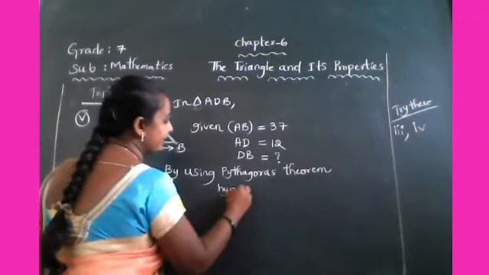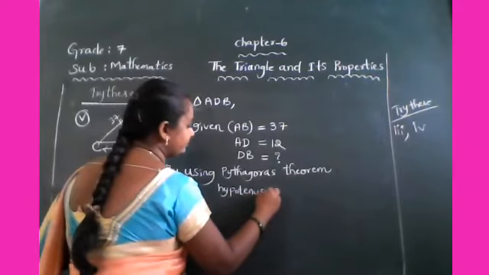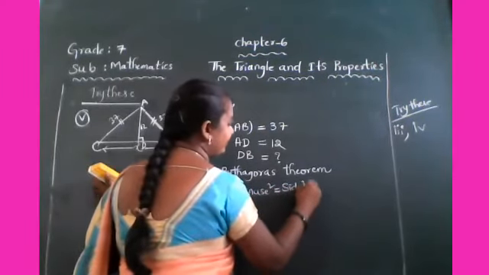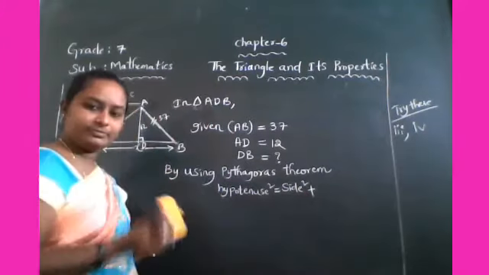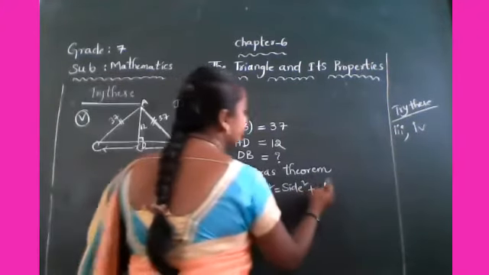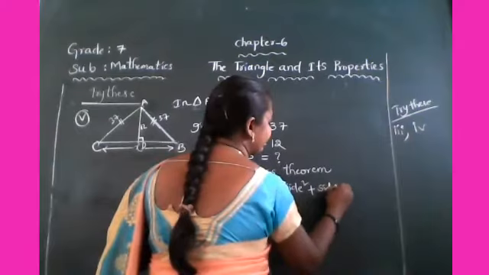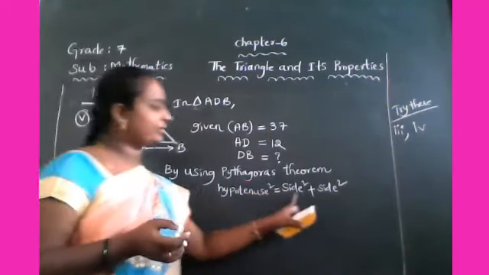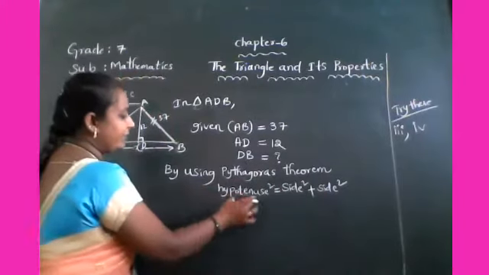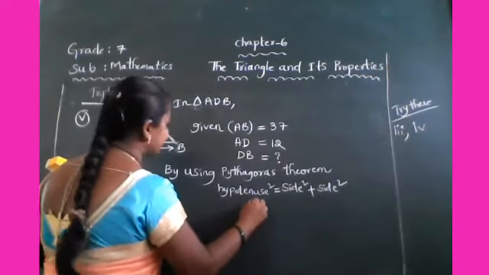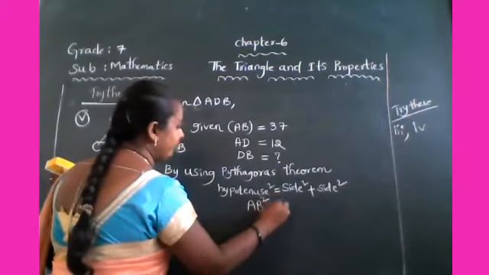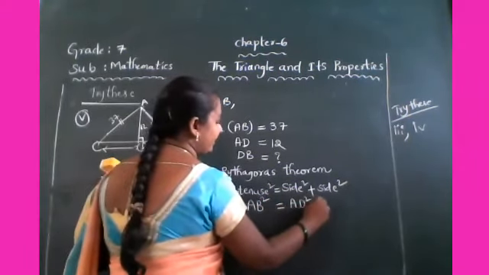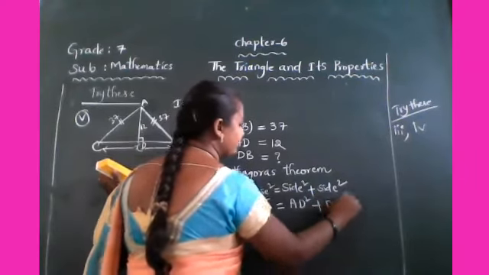Hypotenuse square is equal to side square plus side square, or perpendicular square plus base square. You can write any equation, side square plus side square. Hypotenuse square, what is the longest side? AB square equals AD square plus DB square.